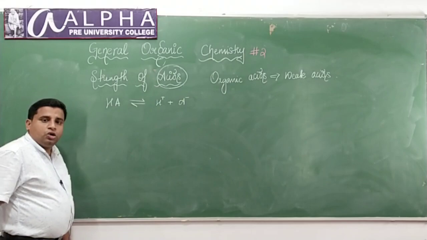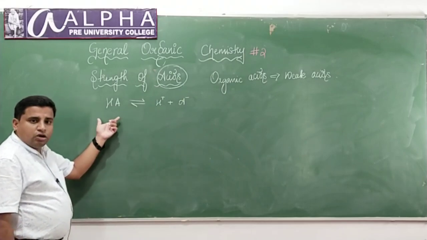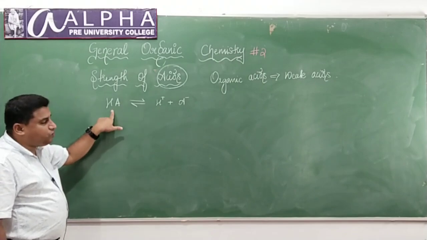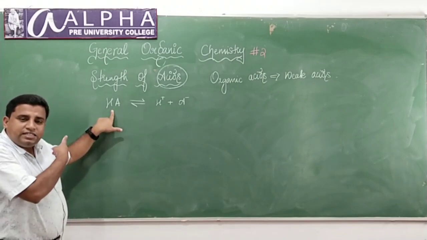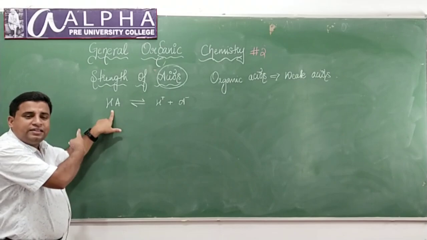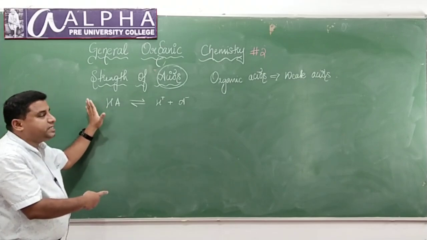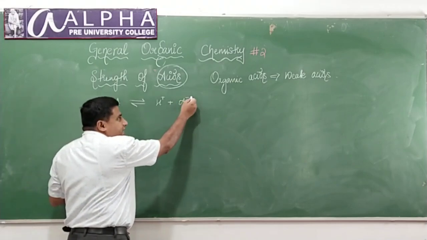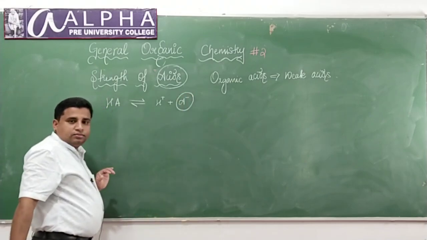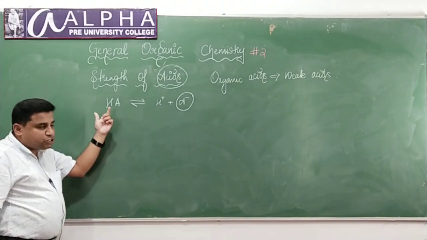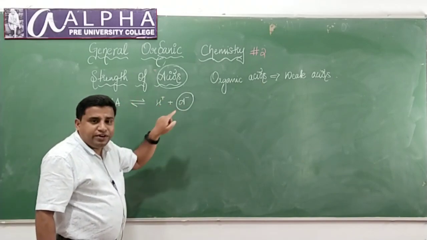But how do you decide the strength of this acid, whether this acid is strong or weak? The strength of this acid is explained on the stability of its anion. Note this point: the strength of an acid is explained on the stability of its anion.